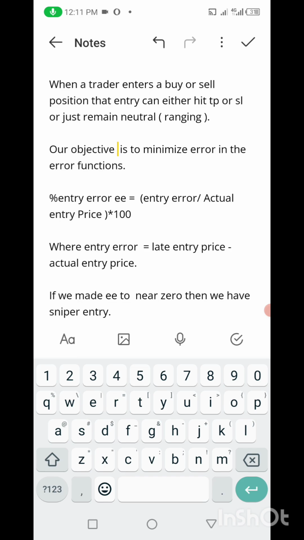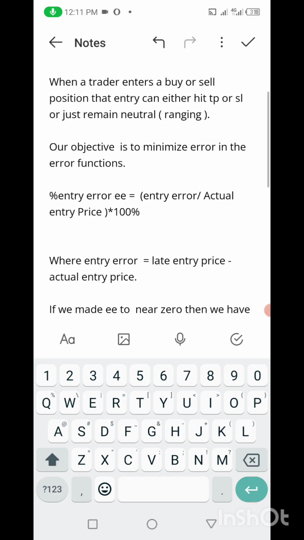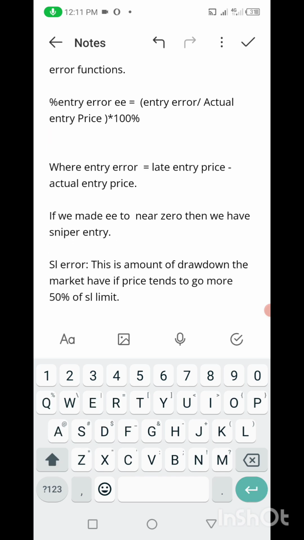So percentage entry error, EE, is entry error over actual entry price times 100%. This formula is going to be used for this analysis. Most time you can assume a certain percentage entry error so that you can use it to optimize your risk reward and get the best sniper entry.